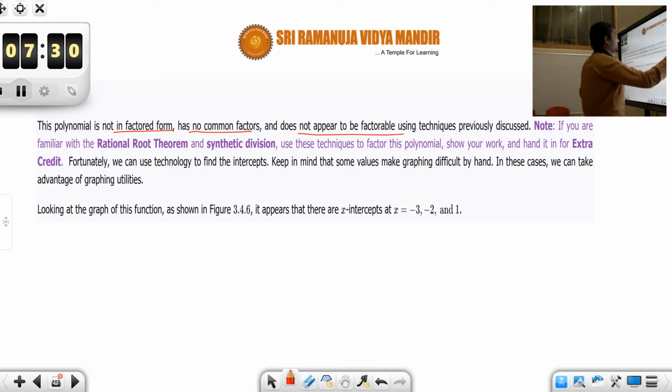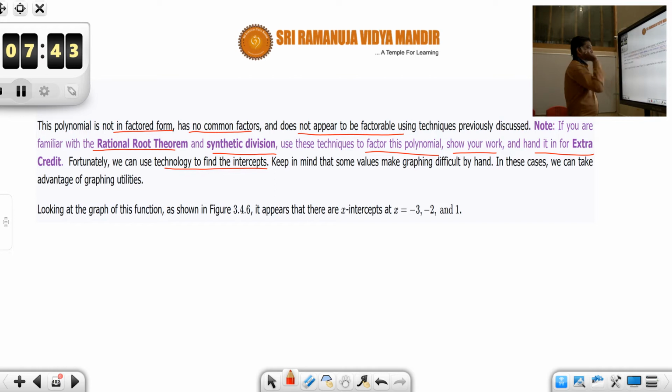Note, if you are familiar with rational root theorem and synthetic division, use these techniques to factor this polynomial. Show your work and hand it in for extra credit. Okay. Fortunately, we can use technology to find the intercepts. Keep in mind that some values make graphing difficult by hand.